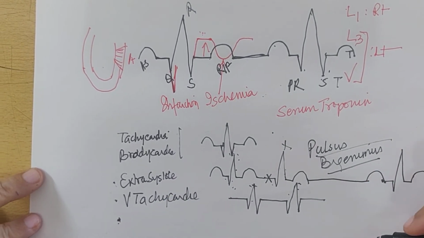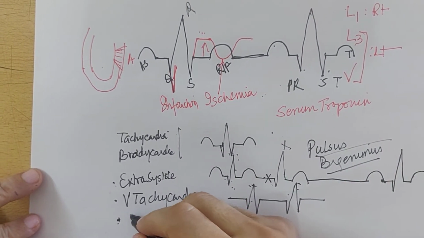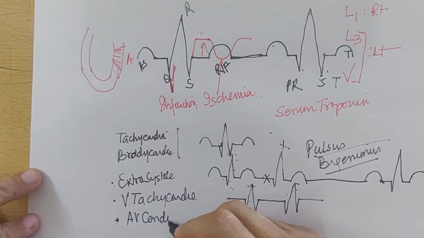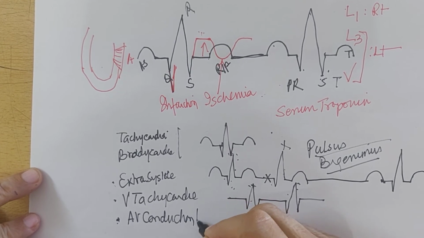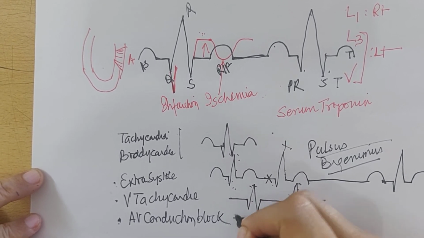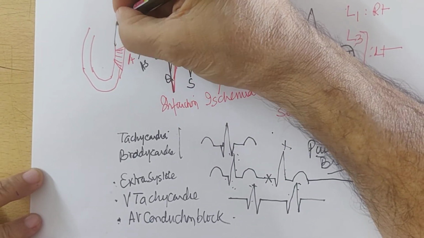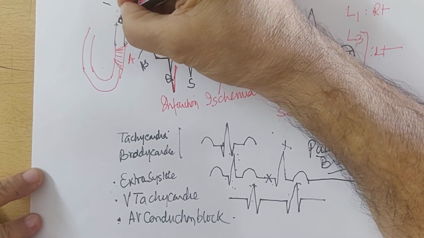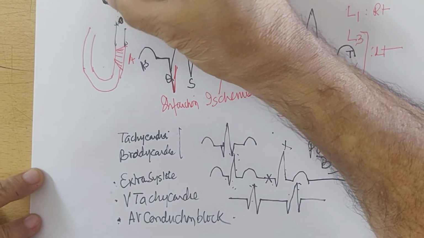Then there may be a conduction block, atrioventricular conduction block. So what is happening is that if this is the septum, here is the atrioventricular valve, here is the sinoatrial valve.